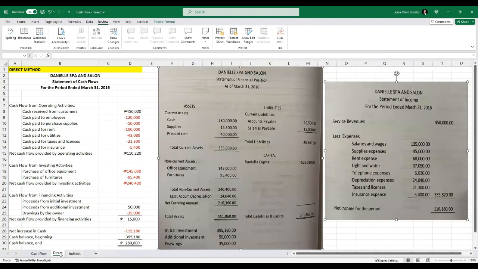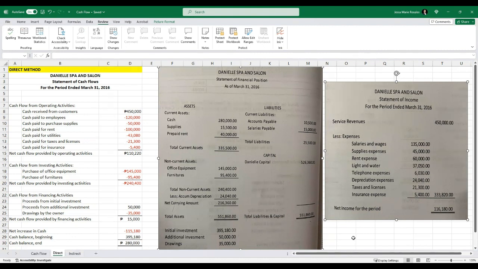Okay, so adto ta sa direct method. So ang problem is si Daniel Spa and Salon, naay iyang statement of financial position and statement of income as of March 31, 2016. No other information aside sa naay initial investment, naay additional investment, and naay drawing. So, I just assumed na in the beginning, all balances are zero. Okay?